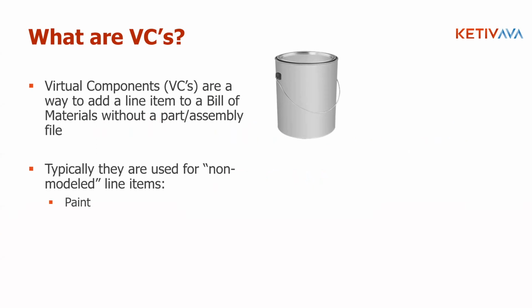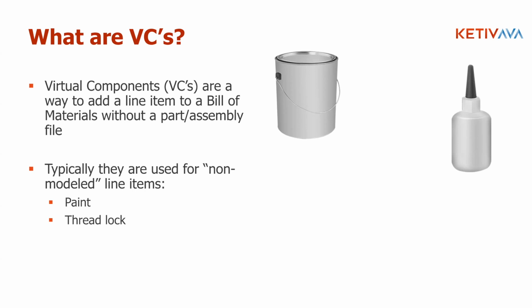You'll typically use them for non-modeled line items, things that you don't actually create an Inventor part or an Inventor assembly for. Like paint, a very common use for virtual components. Thread lock. If you're using Loctite or something like that, and you use it a lot in your assemblies that you're manufacturing, it does cost money.